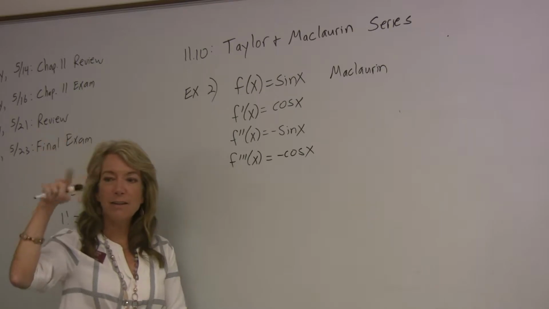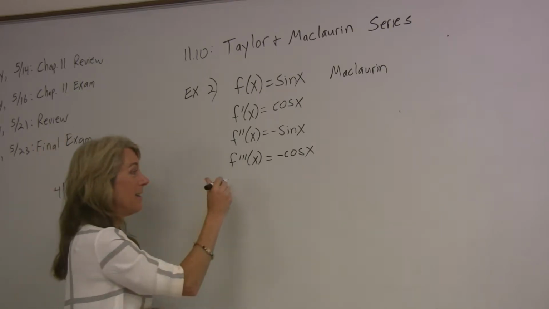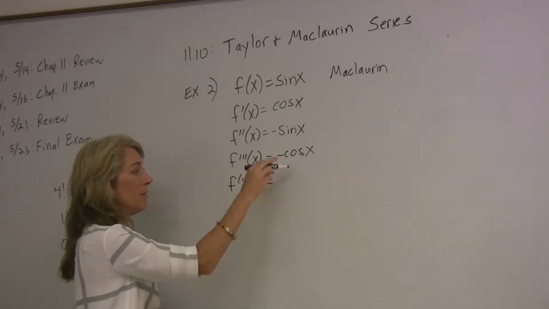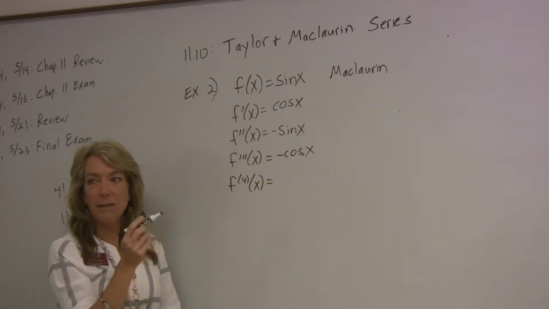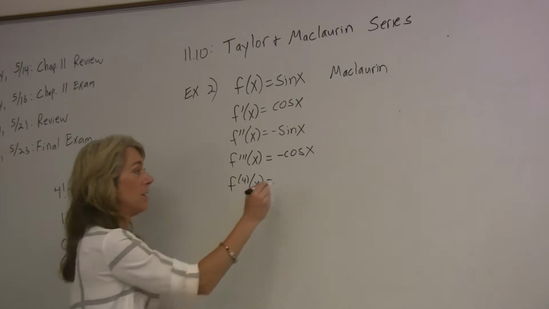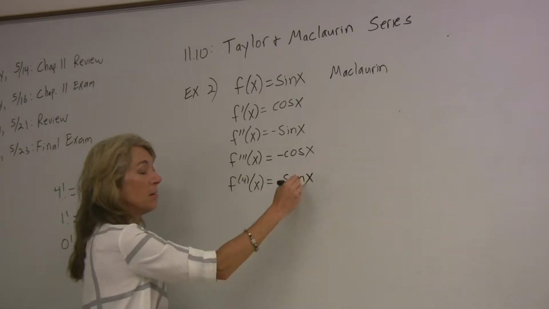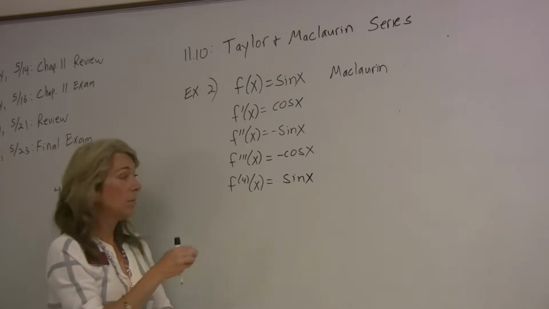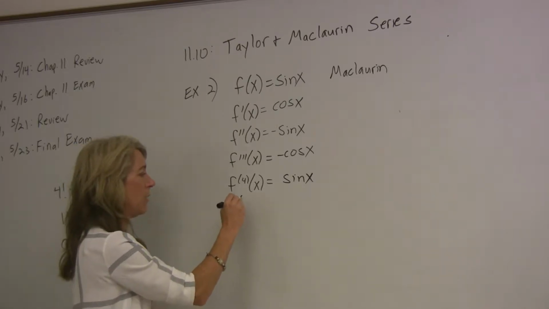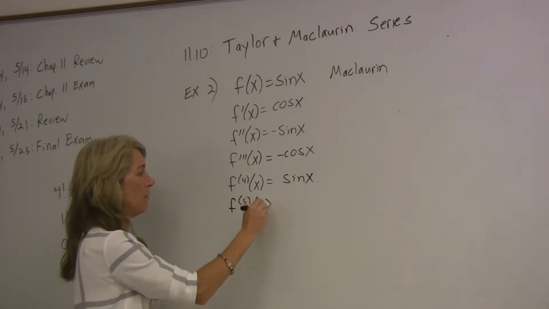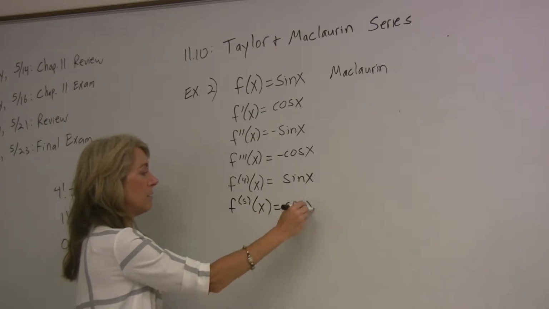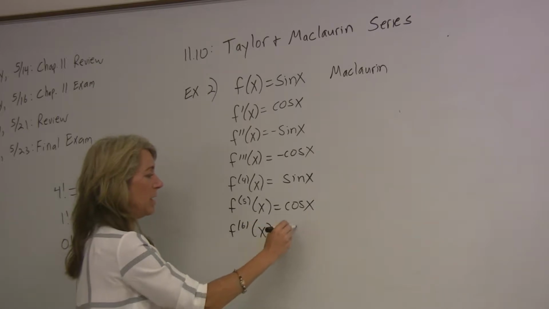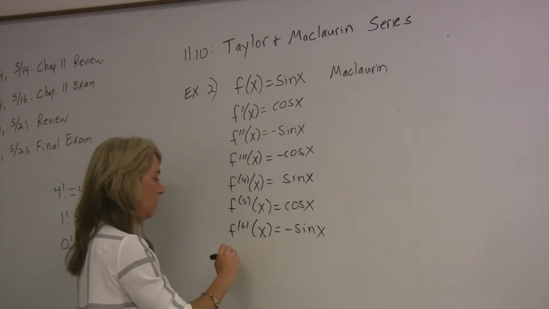Now it's going to start repeating because the fourth derivative, the derivative of negative cosine, is negative sine. Wait, that's not right, I'm back to sine again. And then they'll just start repeating. I'm going to write out a few more just to make that point. The fifth derivative will be cosine x. The sixth derivative will be negative sine x.